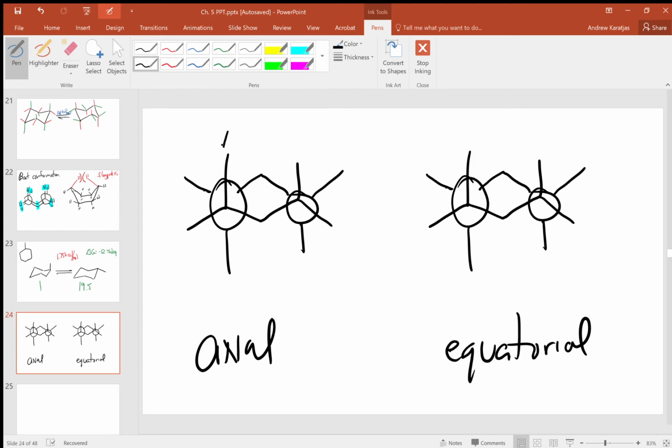So when it's in an axial position, it will look something like this. And this is something you can also do with your models to follow along. And the equatorial will look very similar, except for the position of that methyl group.